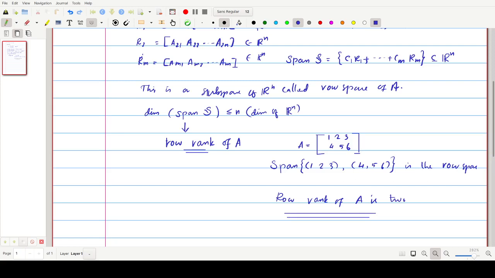Now we will consider some typical cases. For example, A is a row reduced echelon matrix.